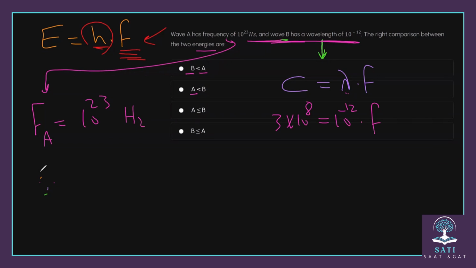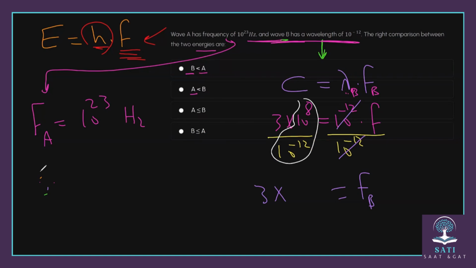Now we are talking about the frequency of B. So it equals the speed of light over the wavelength of B. We divide by 10 to the power of negative 12 on both sides, so what is left is the frequency of B. It equals 3, which we leave as it is, times 10 to the power of 8 over 10 to the power of negative 12.